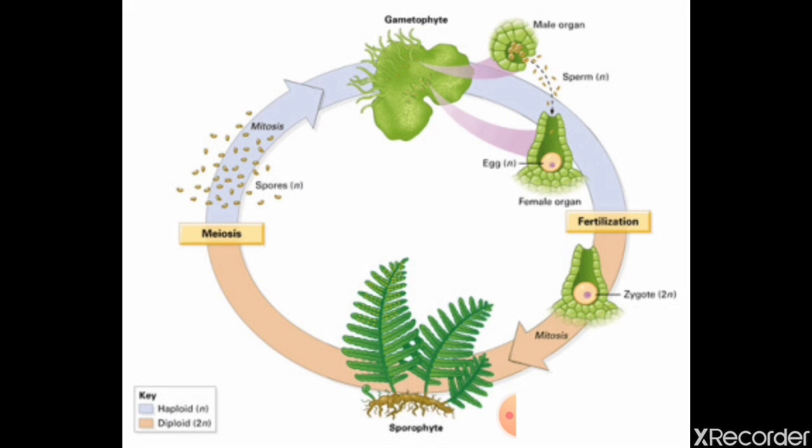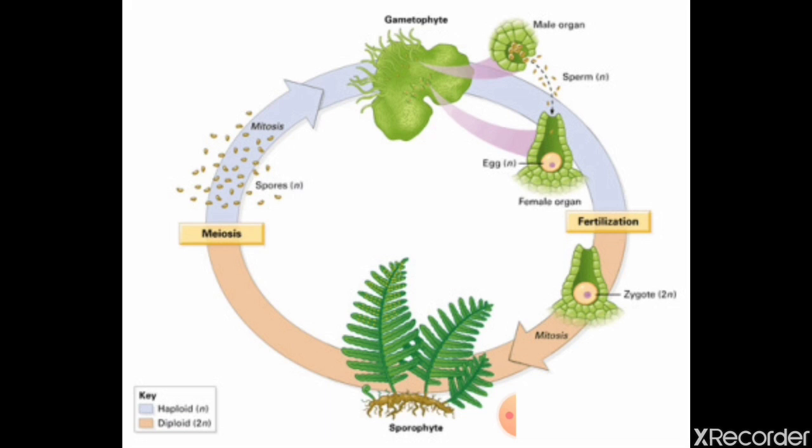And this sporophyte is the dominant phase in the life cycle of pteridophytes. Again, in these sporophytes, sporophylls develop. Inside the sporophyll, sporangia develop, which contains spores, and these spores produce gametophyte.